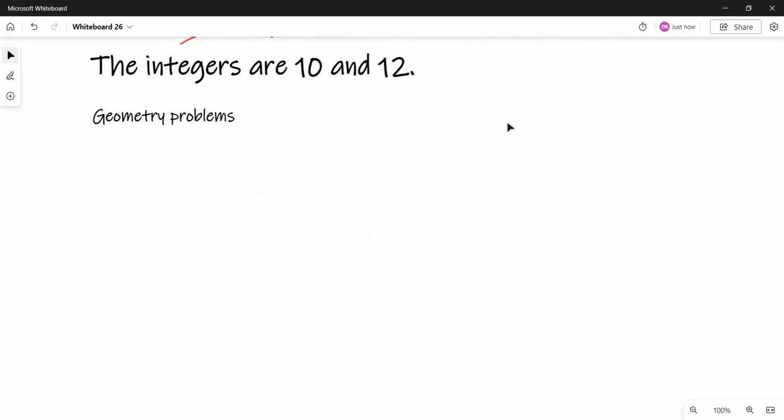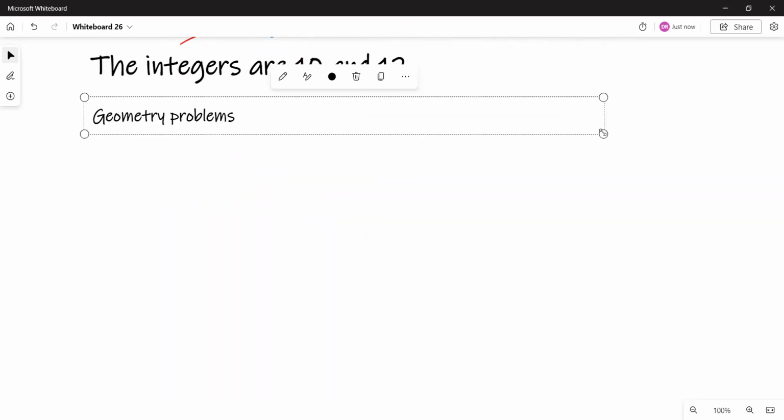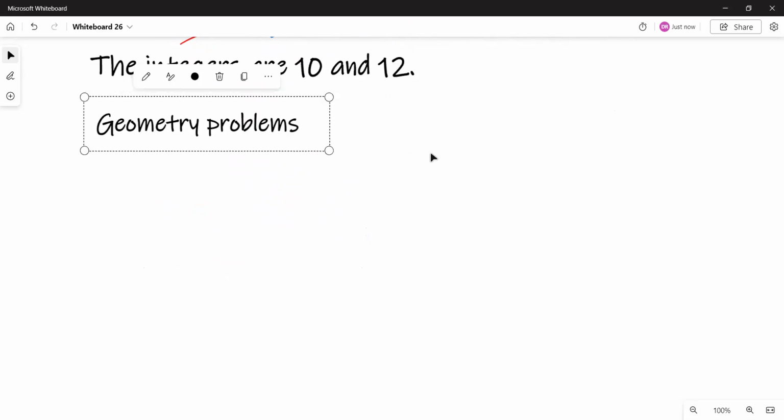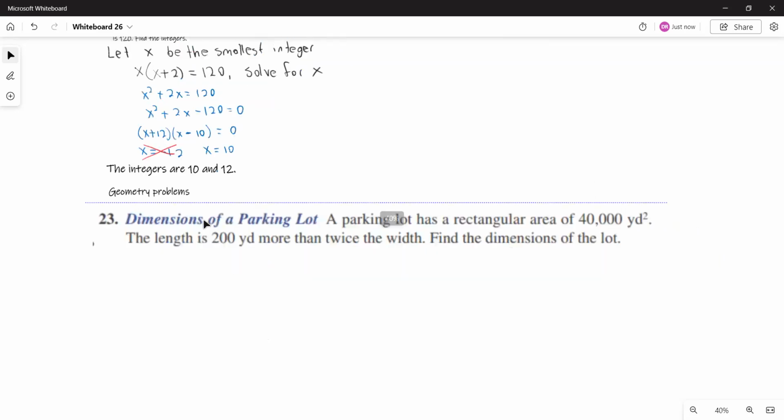And in the next example, we work with the area of a rectangle. You know the area of a rectangle. I'm not going to write it down. The area is length times width. And I also mentioned the volume of a rectangular box. So we're doing number 23 on page 130.